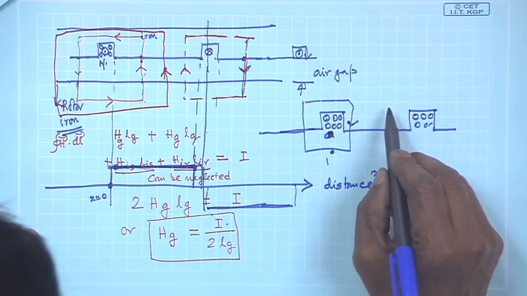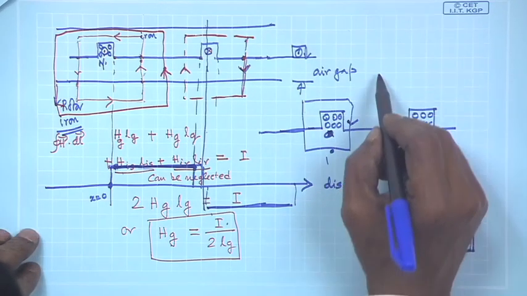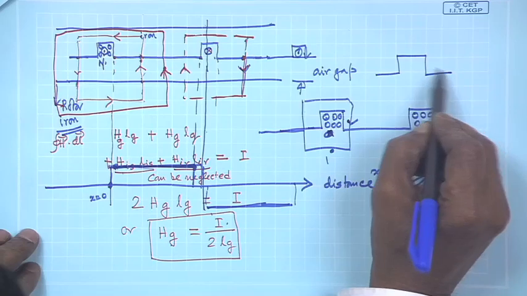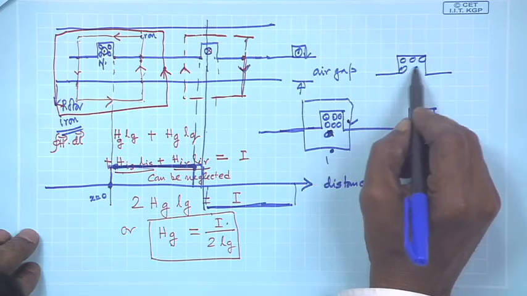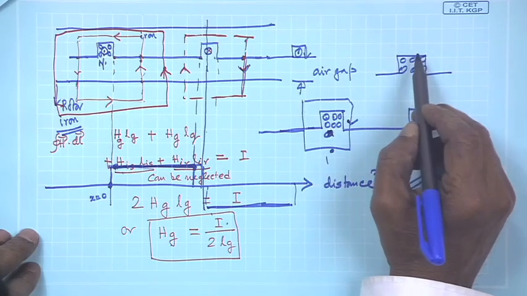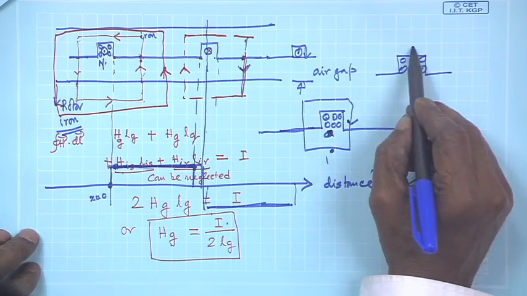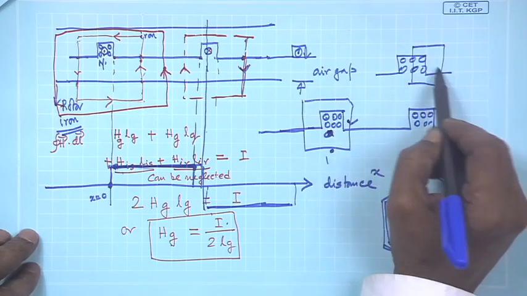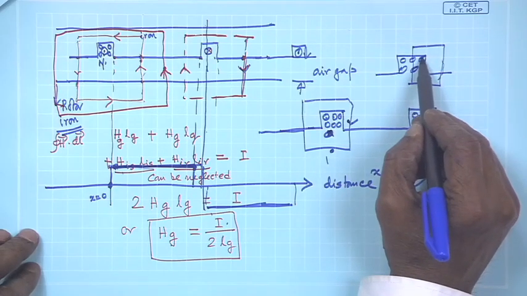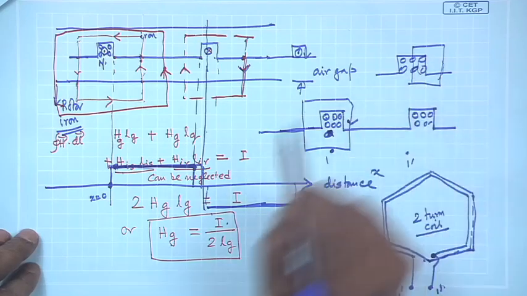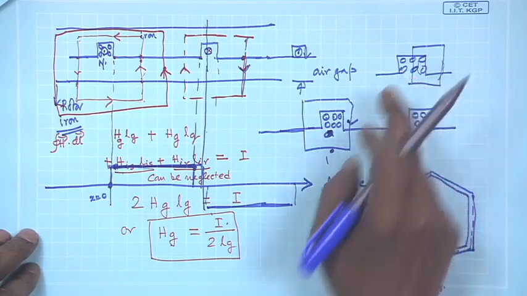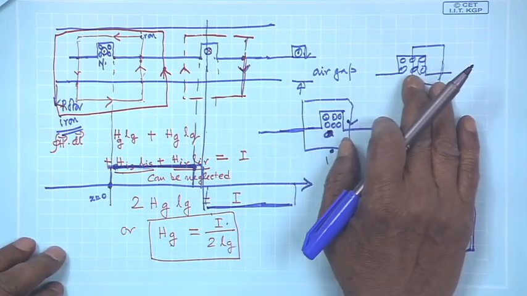Now, if you choose a, suppose it is a multi-turn coil like this, and if you choose a line of force like this, then H dot dl will be the current enclosed here, not all the things, it will be slightly lesser.